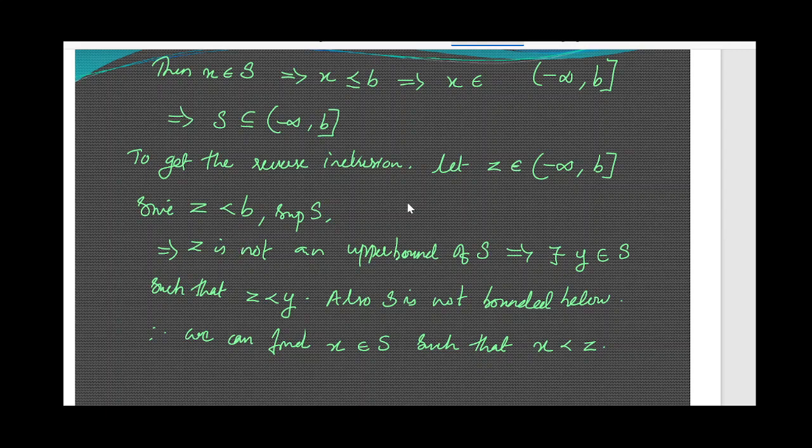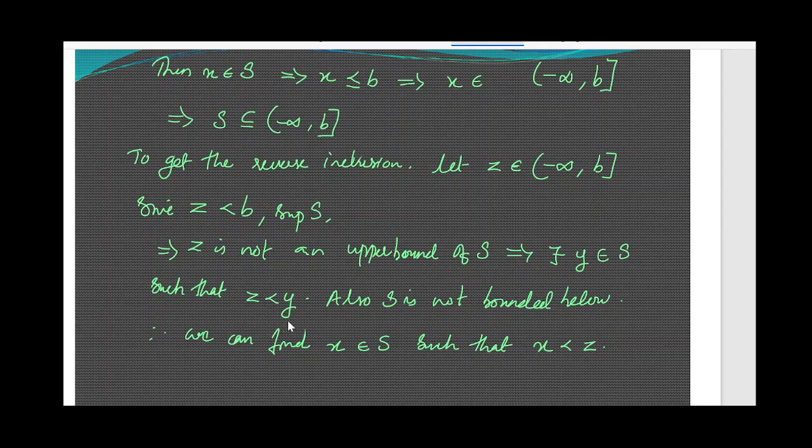Now to get the reverse inclusion, let z belong to (minus infinity, b). Now this means that z is less than b, right? Now z is not an upper bound of S. If z is not an upper bound of S, there should exist at least one element which is greater than this z. That element we are taking as y.